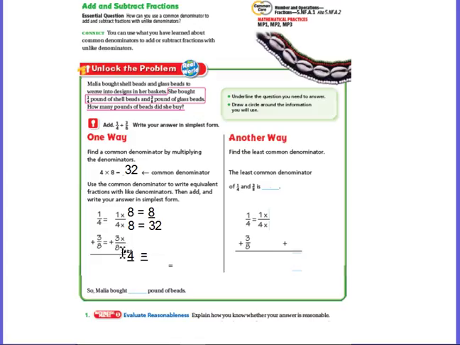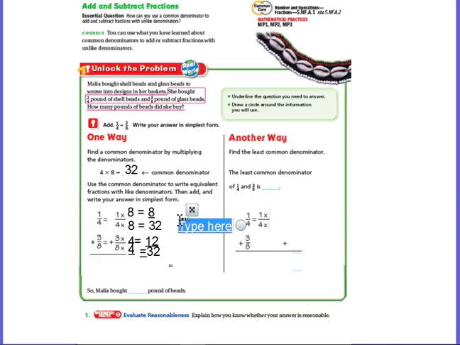And so what I did to my denominator, I have to do to my numerator. So 3 times 4 equals 12. So there my new fraction is 12/32.